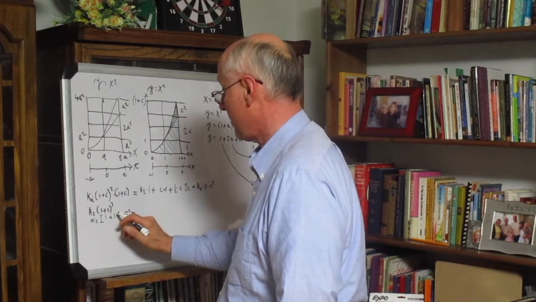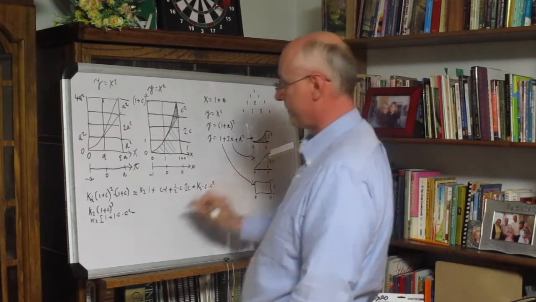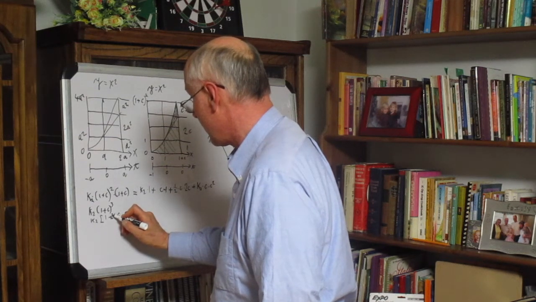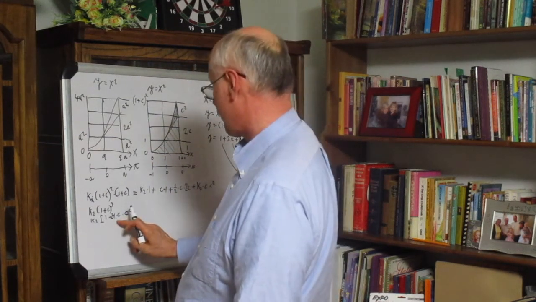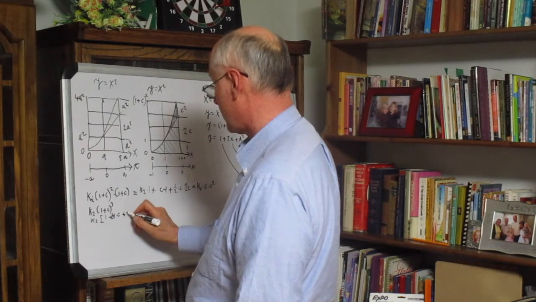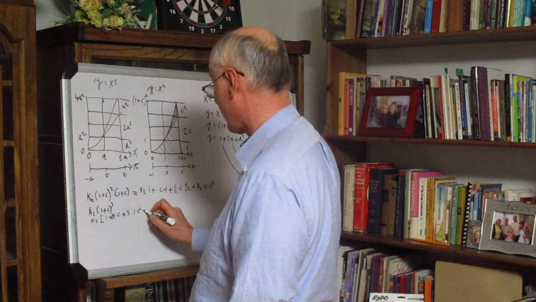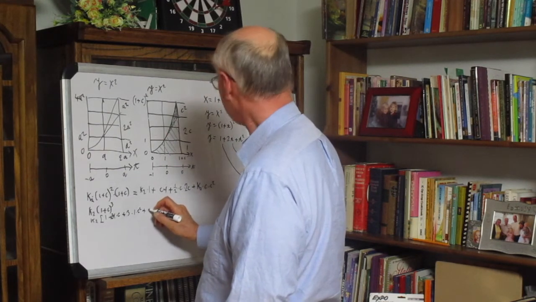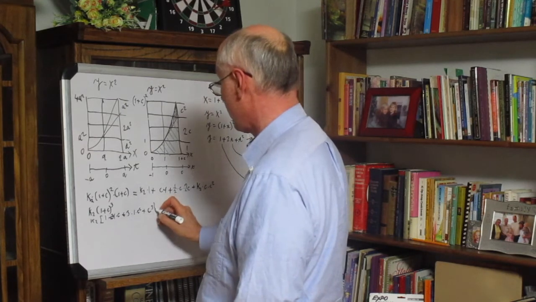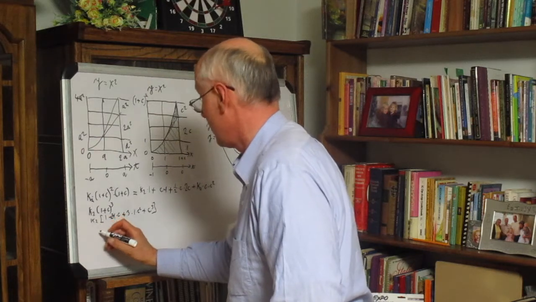Plus, oh, wait. But I'm forgetting. I need my 3. 3 times this. Okay. Plus 3 times 1 times C squared. Plus 1 times C to the third. Okay. Whew. Let's pretty this up. It's kind of hard to see.